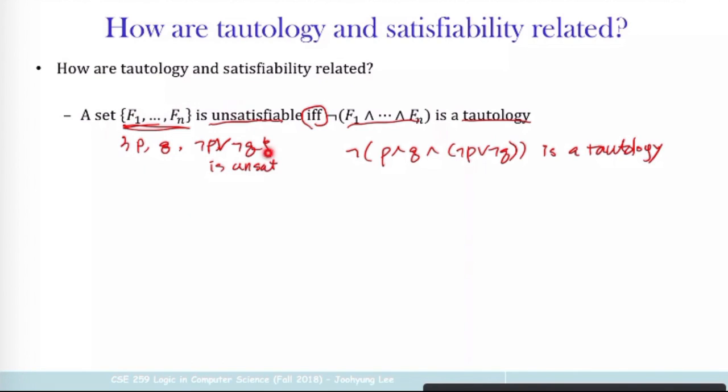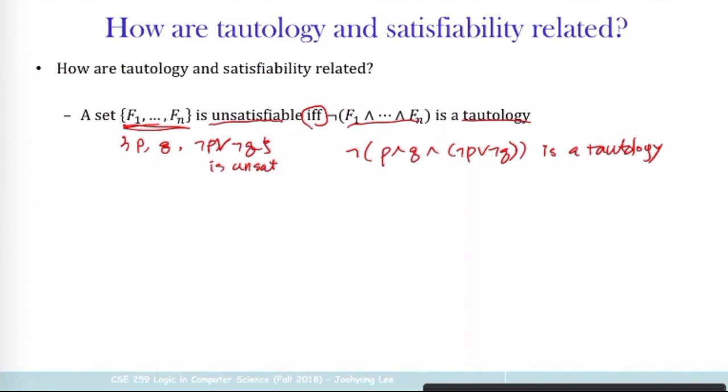Let's assume this set is unsatisfiable, meaning that at least one of them must be false for any interpretation that you apply. Meaning that if you negate that conjunction, the negation becomes true for any interpretation. Hence the proof.